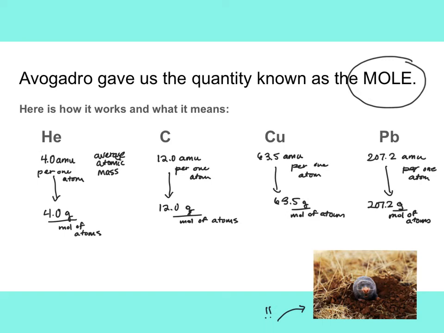If you scaled it up to 207.2 grams of lead, you'd be talking about the same number of atoms in 4.0 grams of helium. So just process that for a moment.